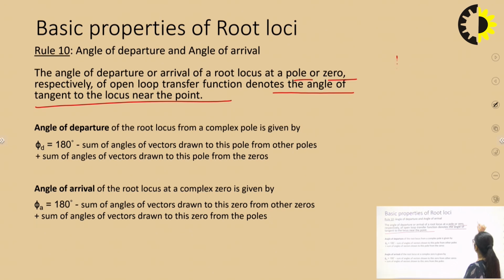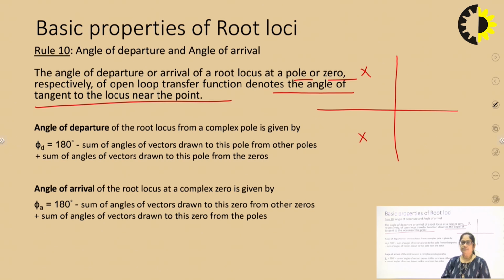Now if I have two complex poles here, and the root locus which is starting from this pole has to end at infinity, then what is the angle of departure for this?